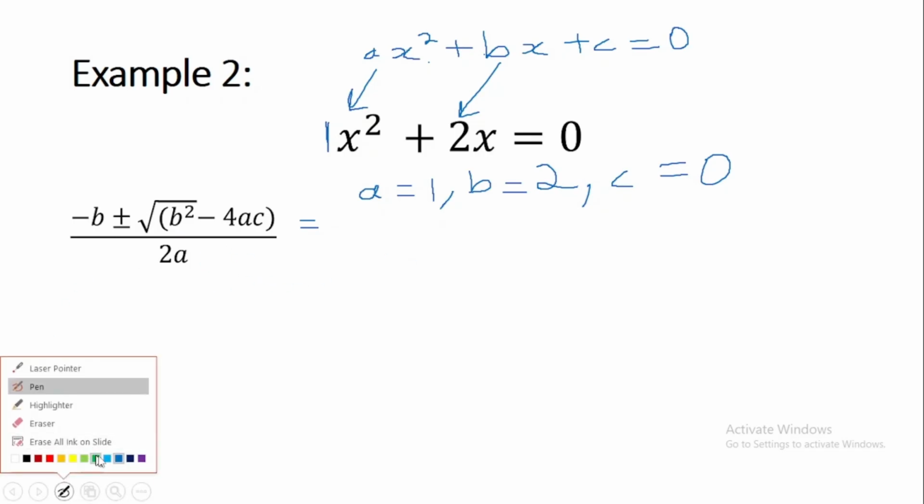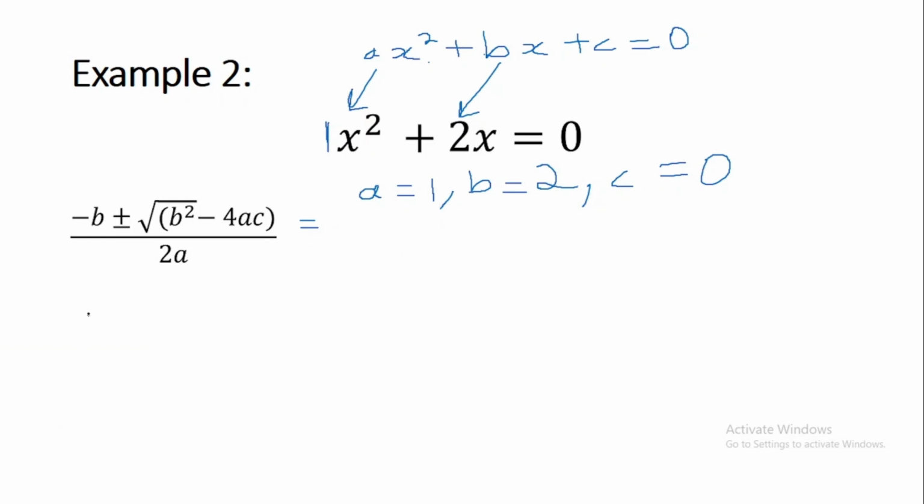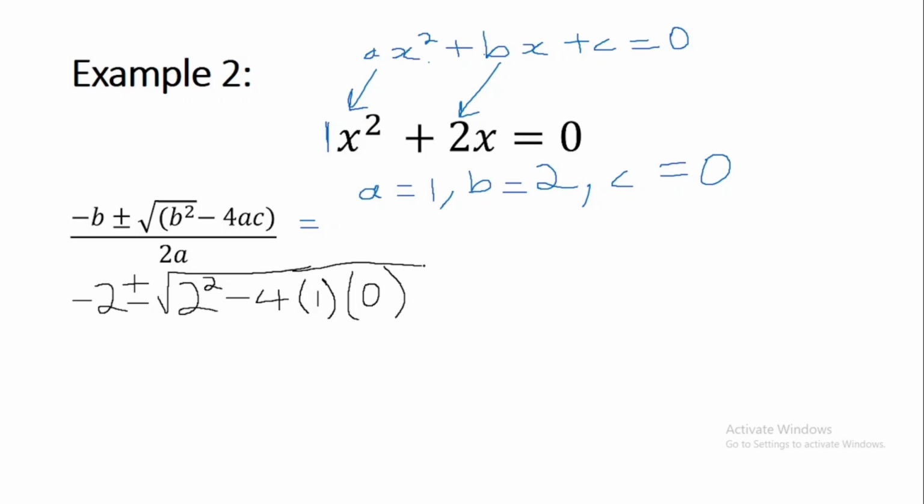I'm going to have my negative b, so that's negative 2, plus or minus the square root of 2 squared, because b is 2, minus 4 times a times c, and c is 0 right here, all over 2 times a, so that's 2 times 1.